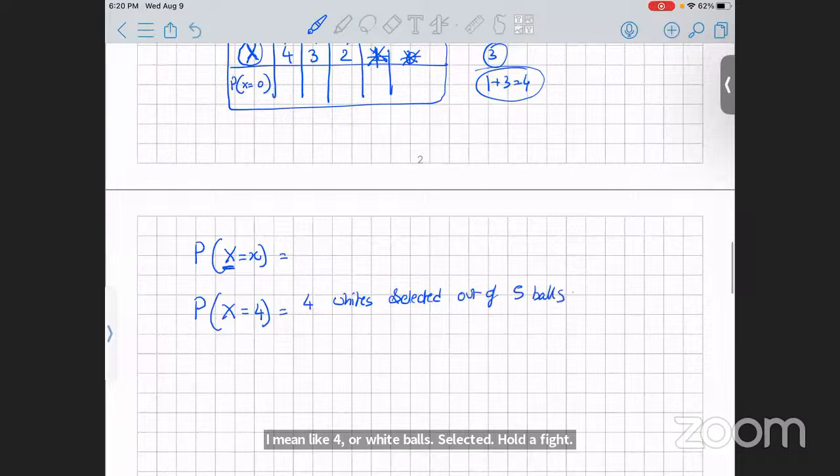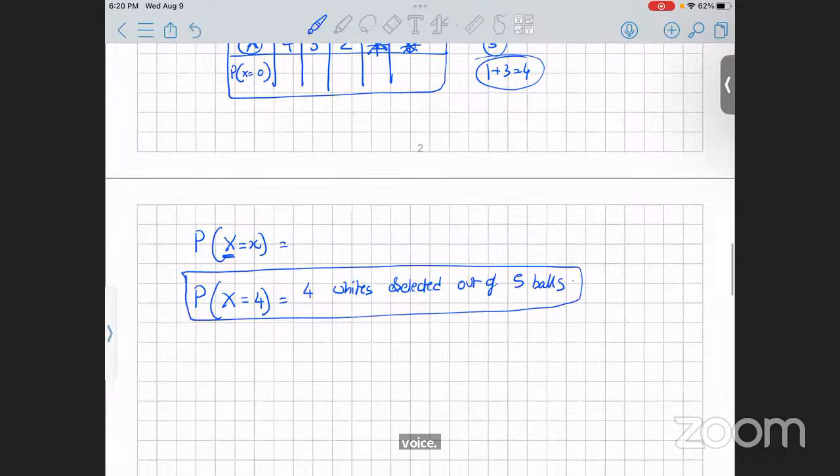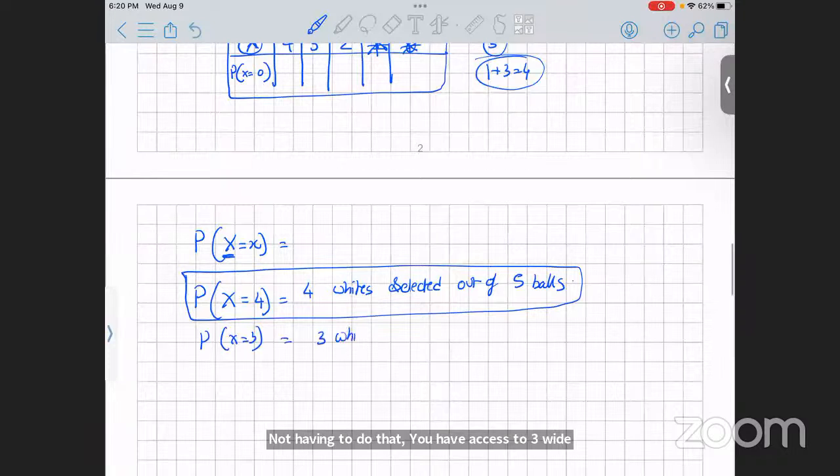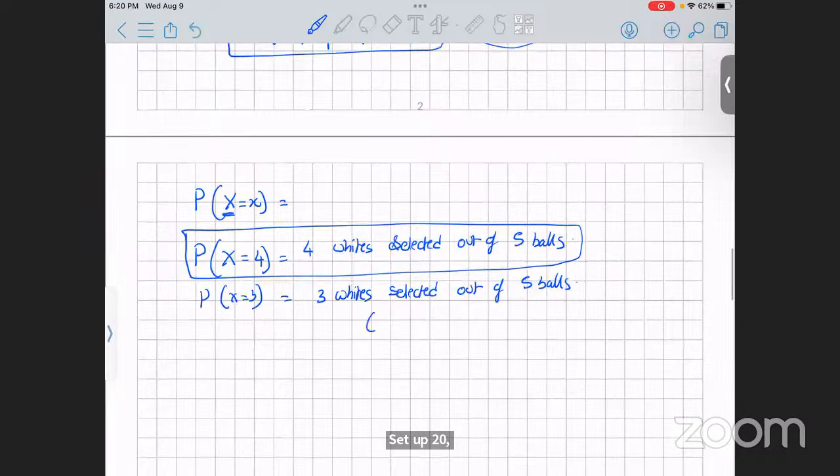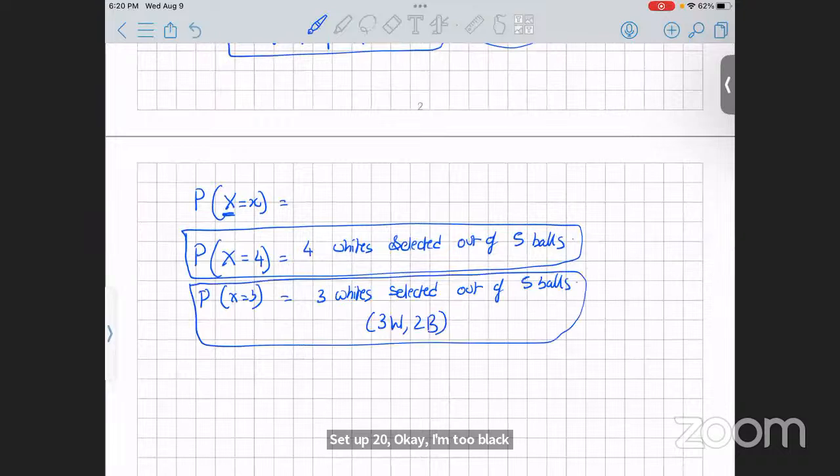Okay. Now coming to x equal to 3, P of x equal to 3: 3 white balls selected out of 5 balls. You can call it 3 white and 2 black. This is how you represent the probability.